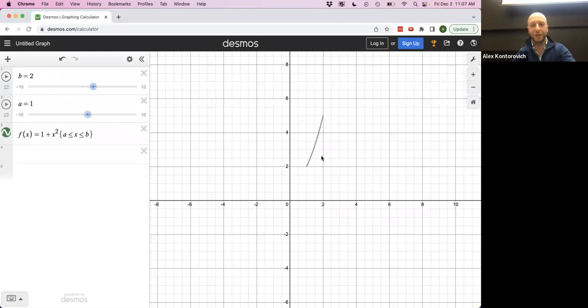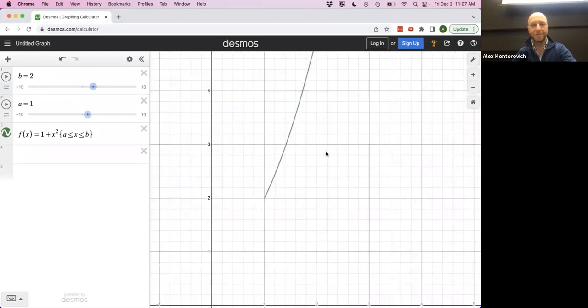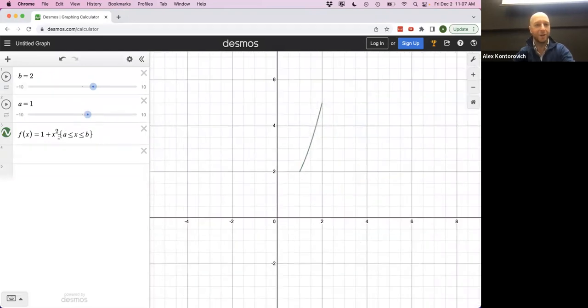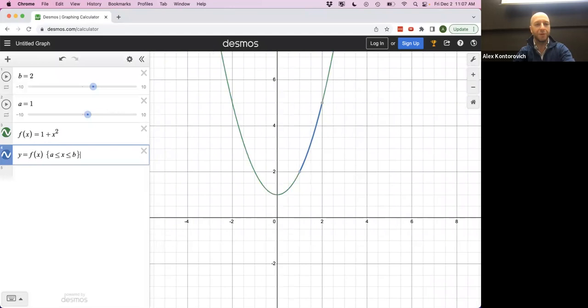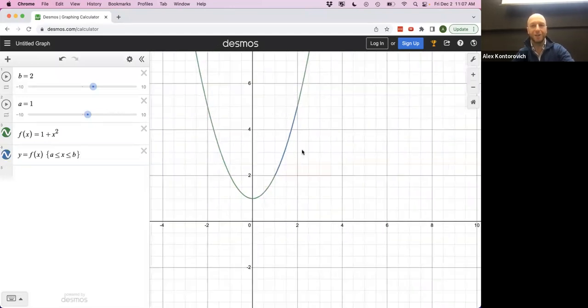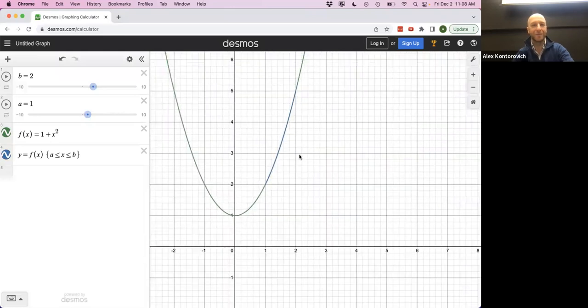Okay, so here's our function. Maybe it's nice to see the whole thing. Let's see the whole thing, but then let's graph y equals f of x on a restricted range. Okay, so the blue is what we're going to actually compute the area under.